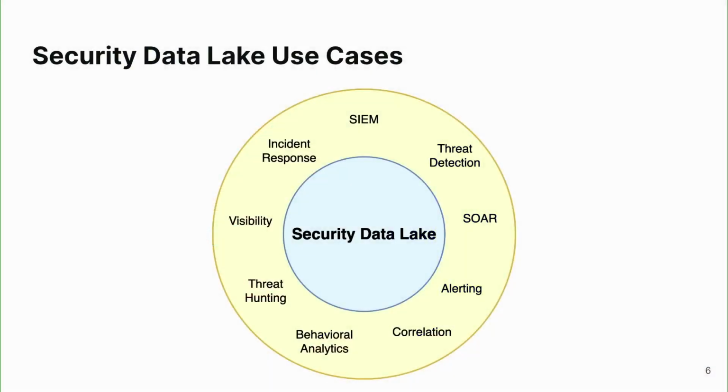It's probably an anomaly. So doing analytics like that is part of what the data lake assists with. So behavioral analytics is another signal generator into this process. Threat hunting, as I was mentioning earlier, is the ability to go in and look for more bad things that you may not be aware of. And then finally, providing visibility into what's happening inside your organization from a security standpoint.